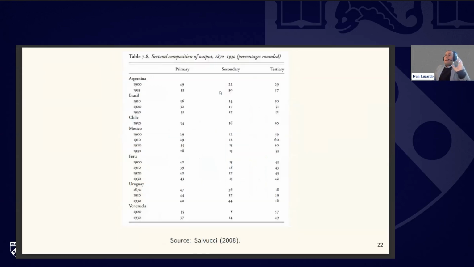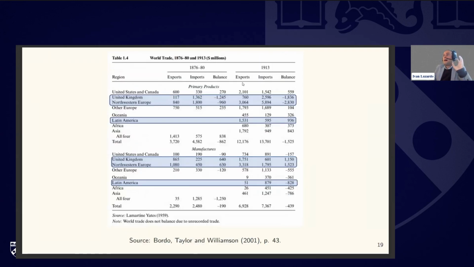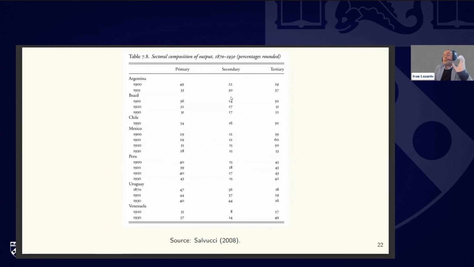Okay, as I mentioned before, we have emphasized how the primary sector was relevant in all this story, but there is also a discussion that it's not evident that the export-led growth model was a constraint for the development of the manufacturing sector.